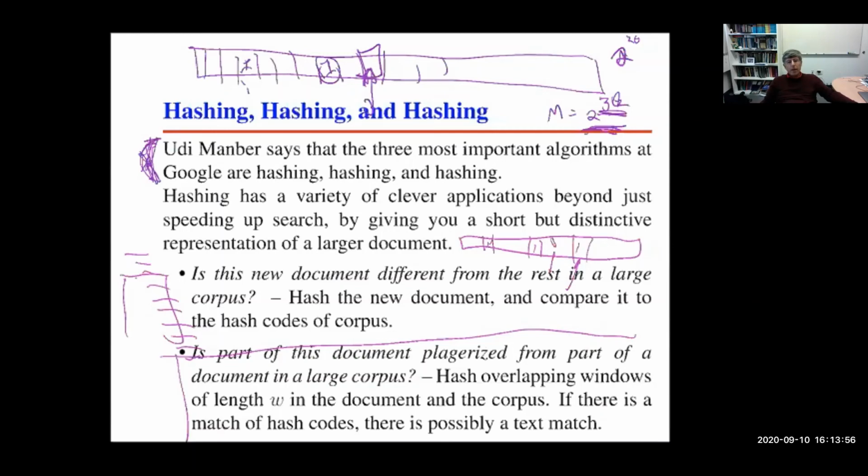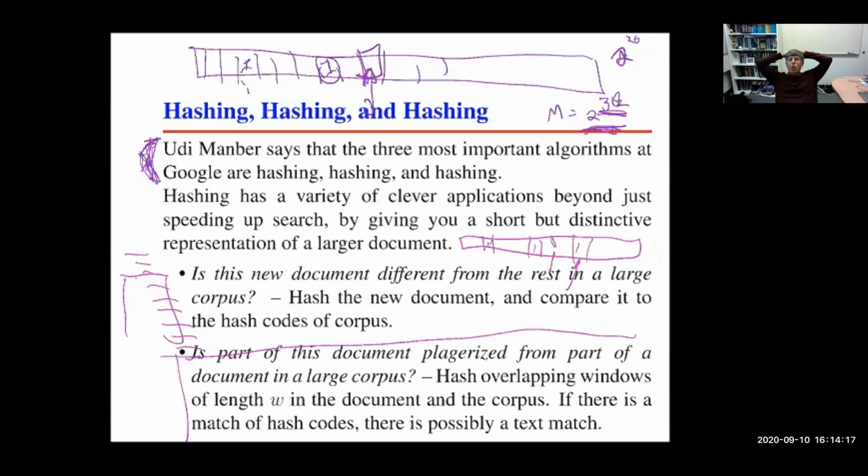Another question that's actually kind of interesting. You're saying that if you hash every one of these strings, the size of my hash table is not going to be order the number of documents.